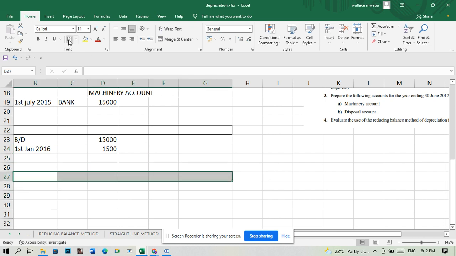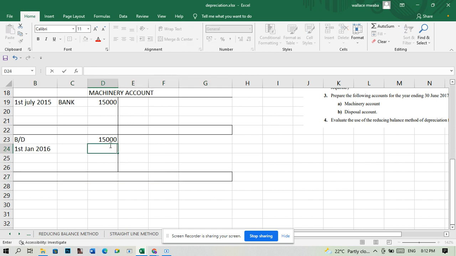We total these up. That's 15,000 again. And so when we total these up, we get 30,000. So this will be the balance brought down. Again, 30,000.